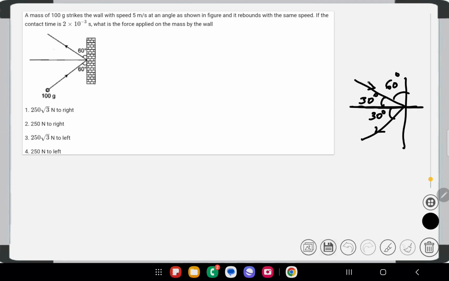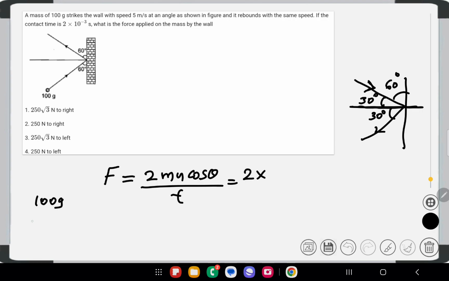If the angle made by the velocity with the normal to the wall is 30 degree, the force exerted by the wall on the ball is 2 m u cos theta by t. That's equal to 2 into mass, which is 100 gram. So 100 gram is equal to 0.1 kilogram.